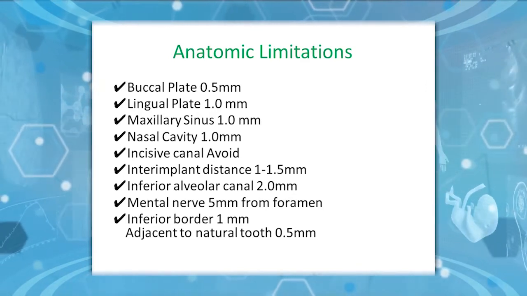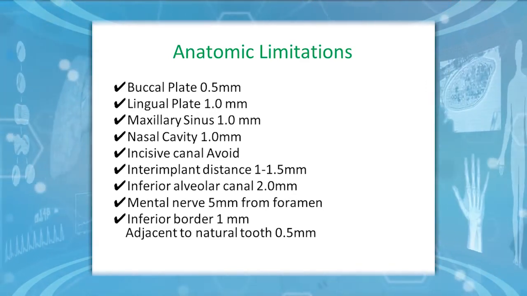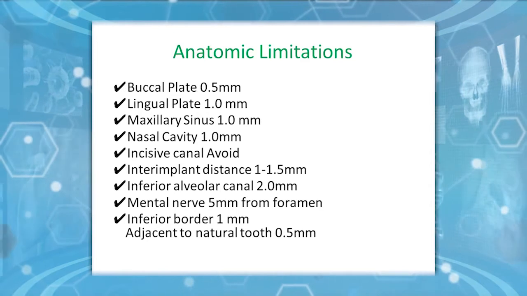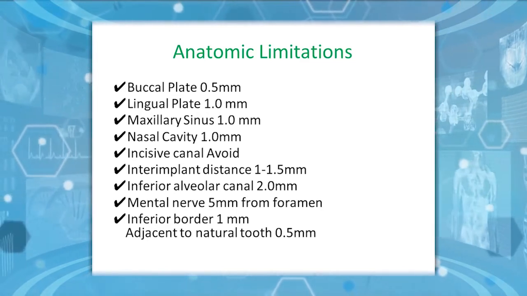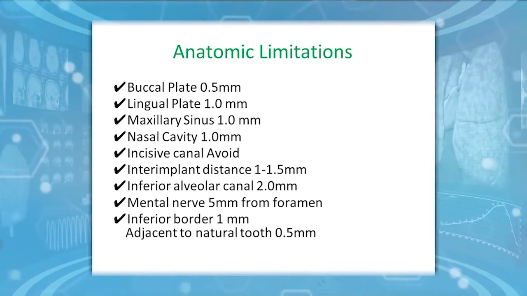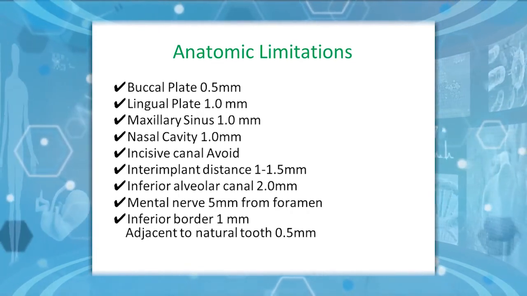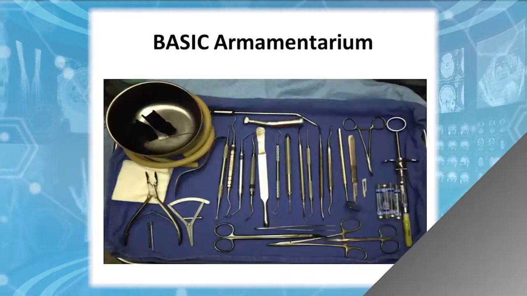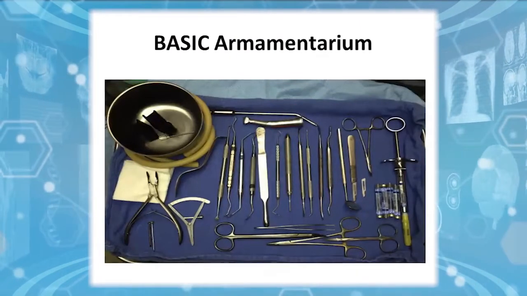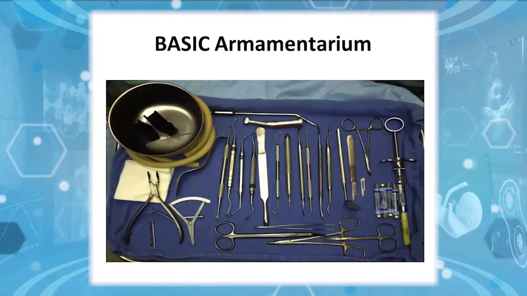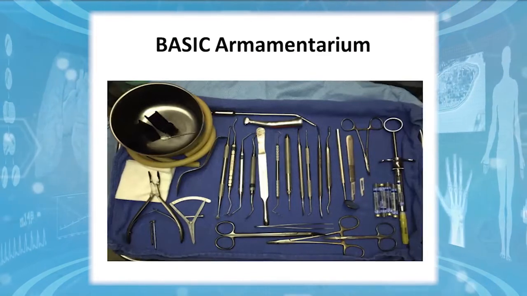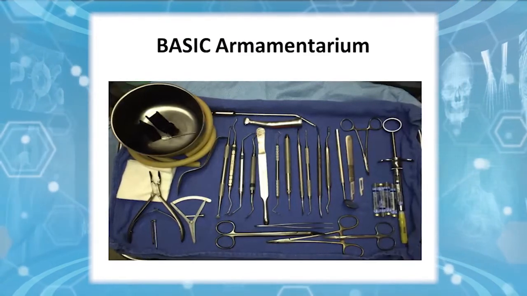Inferior alveolar canal 2.0 mm, mental nerve 5 mm from the foramen, and inferior border 1 mm. Adjacent to the natural tooth, 0.5 mm.